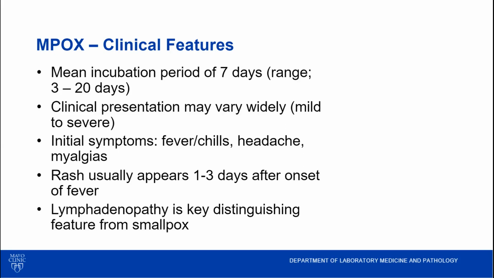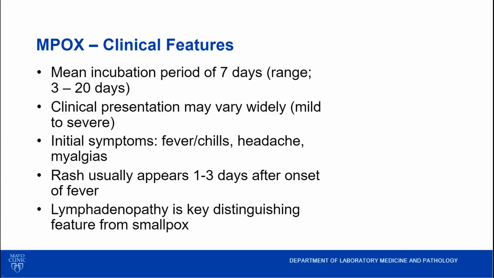And remember when we were talking about the patient case, that the patient developed an enlarged lymph node in his groin, and lymphadenopathy is a key distinguishing feature from smallpox. In patients who had smallpox, we wouldn't see enlarged lymph nodes, whereas it seems to be more common in patients with MPOX virus.